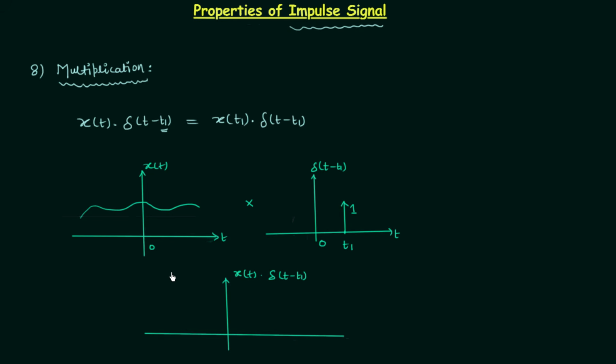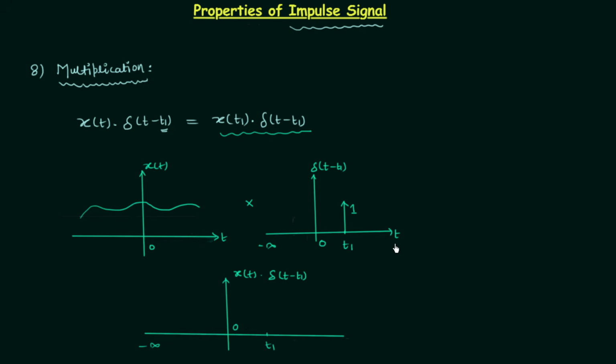Now let's try to understand how we have obtained this result. If you see delta(t minus t1), you will find from minus infinity to t1 the value of signal is 0. So when you multiply delta(t minus t1) to signal x(t) from minus infinity to t1, you will get 0, because 0 multiplied by these values will result into 0.